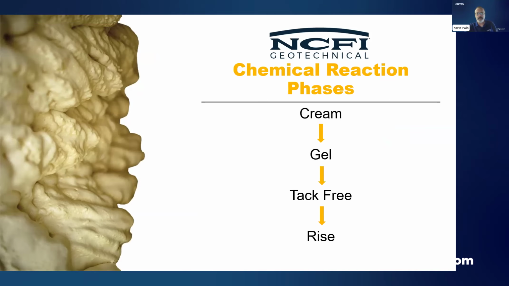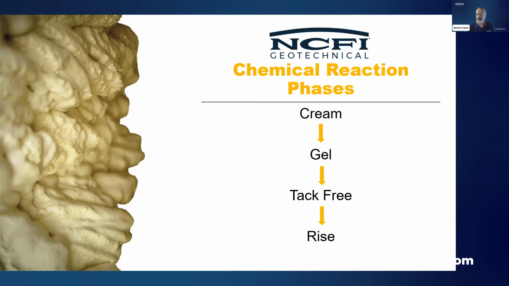Now, as the chemical reacts, so I pull the trigger, my pumps start working, it starts sending the A and the B all the way down the hose, whether I have 50 feet of hose on my rig or I have 300 feet of hose on the rig. Those chemicals stay separate all the way until the very tip of the gun.